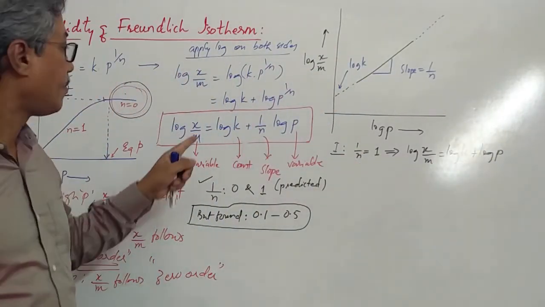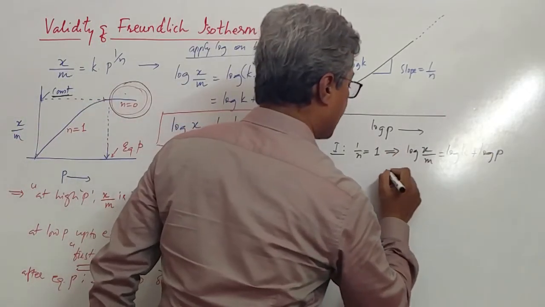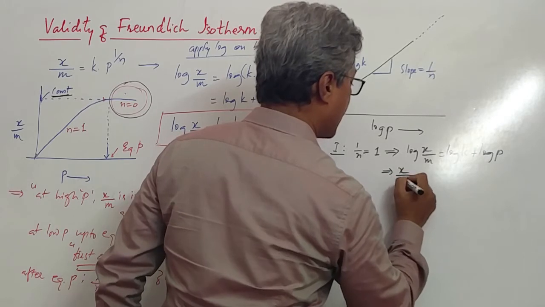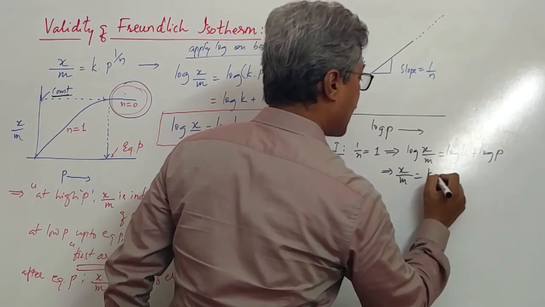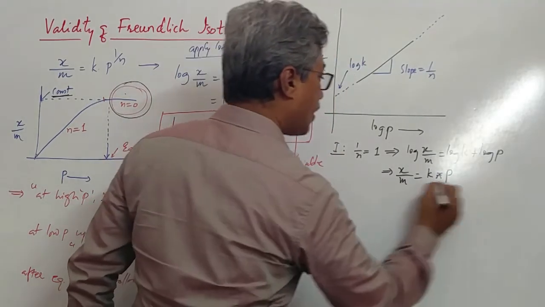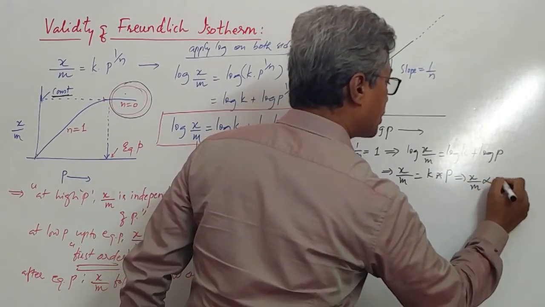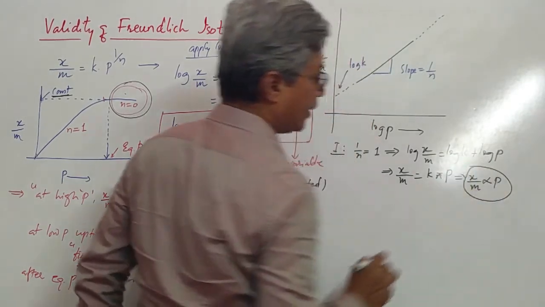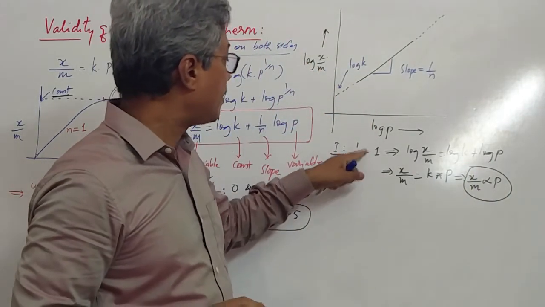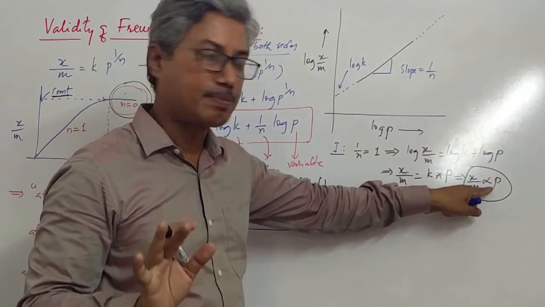Then remove the logarithm. Then we get x by m is equal to k into p. This implies that x by m is directly proportional to pressure. What does this mean? When 1 by n is 1, x by m is directly proportional to pressure.